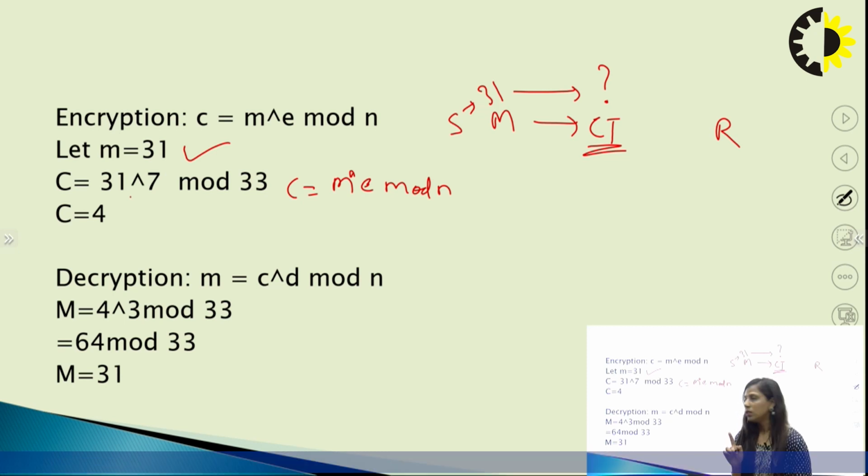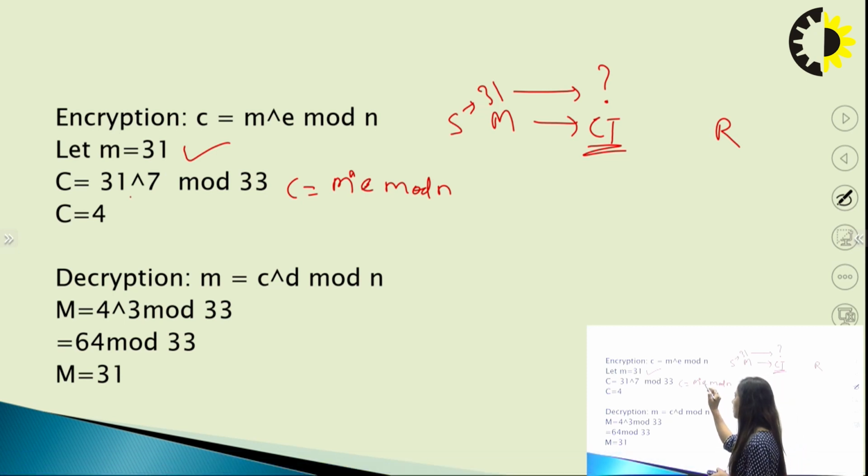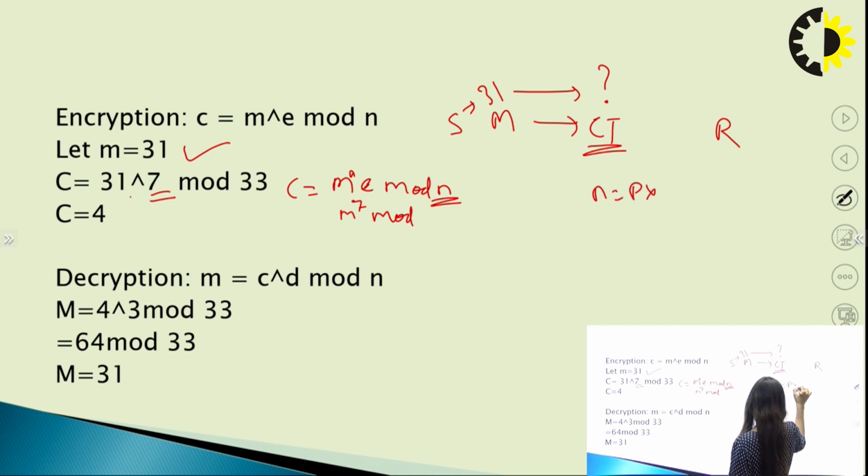In the encryption we have taken the public key, that was 7, which we have already calculated. So we calculate M to the power 7 mod N. The value of N we calculated as P into Q, that is 11 into 3. That was the N value only. So that's how we have calculated the values.